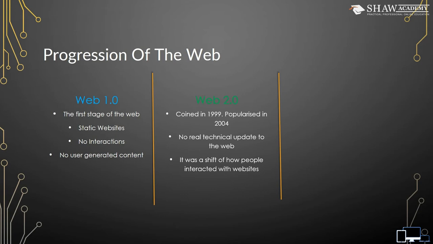But the real part here was the rise of social media, where people could upload their lives onto the web. If you wanted to upload an image, you uploaded the image and then you could share it with all your friends. So this wasn't an update to the actual technologies, it was just a difference in how people were using it. And when people noticed how people were using it, well then they coined the term Web 2.0.